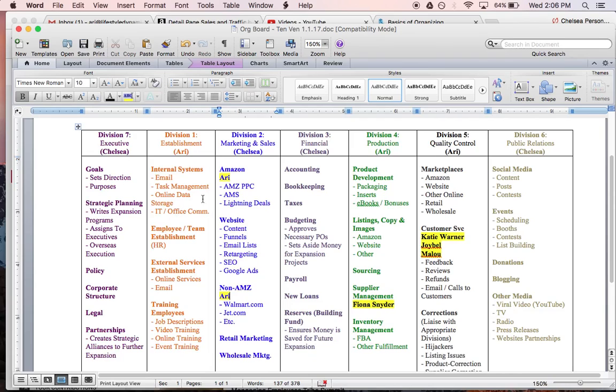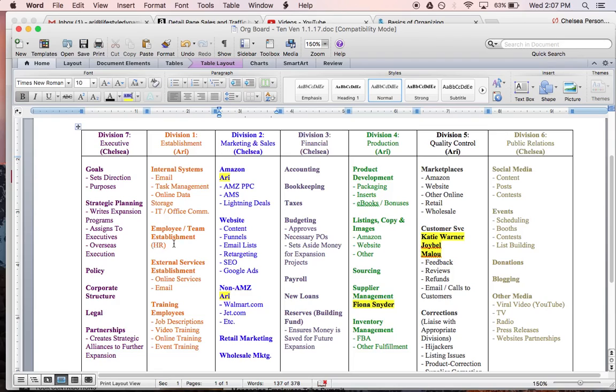And this is also the division that's responsible for hiring and training employees or team members, right? So a lot of our stuff is outsourced. They're not technically employees of our company, but they are team members. And so the establishment division is responsible for hiring those people. Basically, in the normal world, we will call this HR, which is human relations.